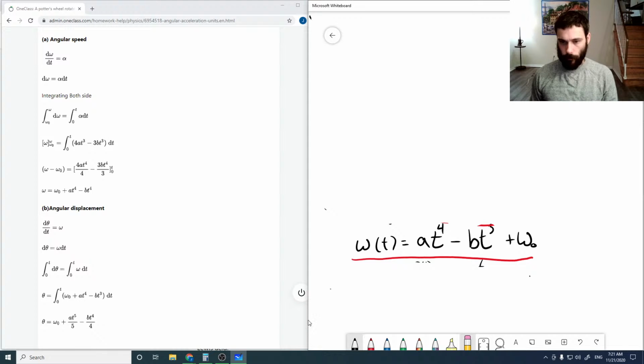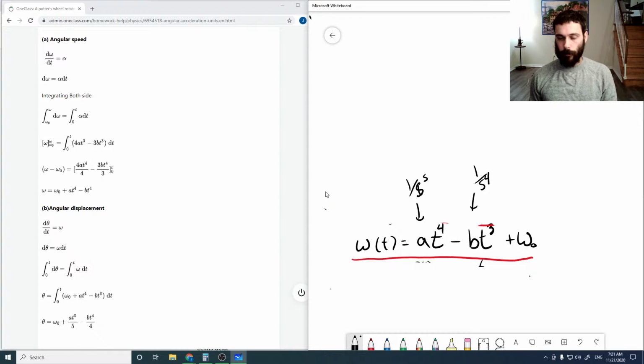I will point out as well that, as I showed in the beginning, the a constant was 1 over seconds to the 5th, and the b constant was 1 over seconds to the 4th.